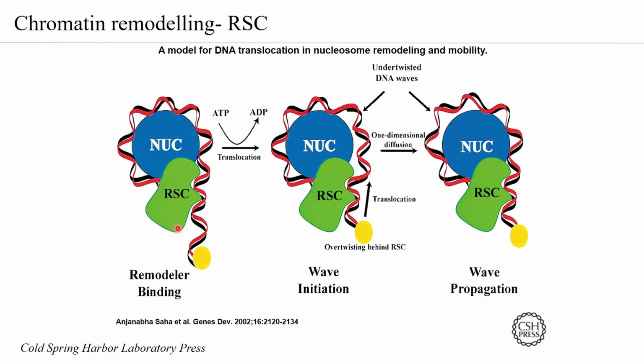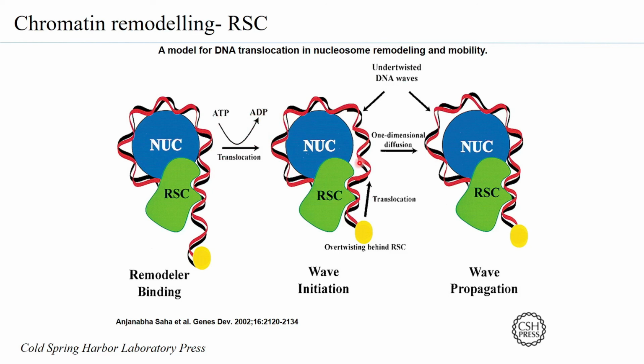When the RSC comes and binds, what is observed is that this part of the DNA is translocated. So you have a loop formed over here, as you can see. This translocation requires ATP to be converted to ADP, so the energy that you derive from here enables the DNA to translocate.